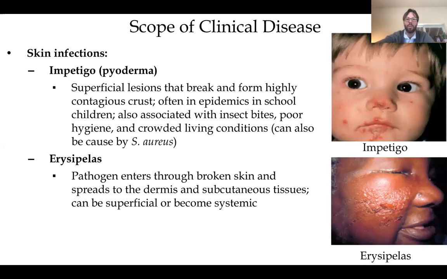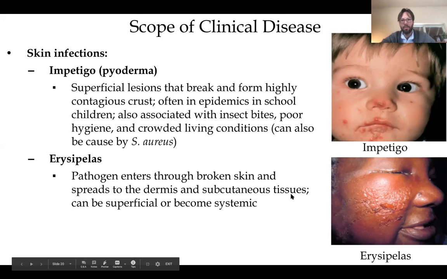Erysipelas is going to be something that is, again, coming through injured skin, which is your first line of defense, right? And then spreads throughout your upper skin layer, but then can go subcutaneously later on to become systemic.